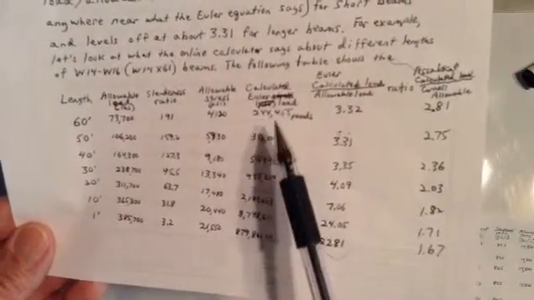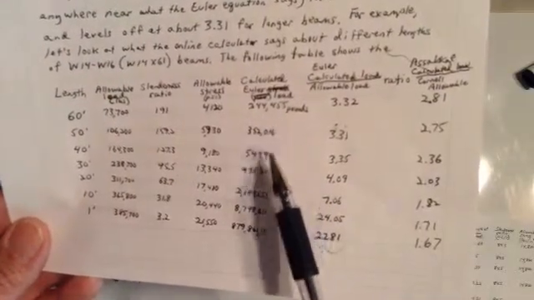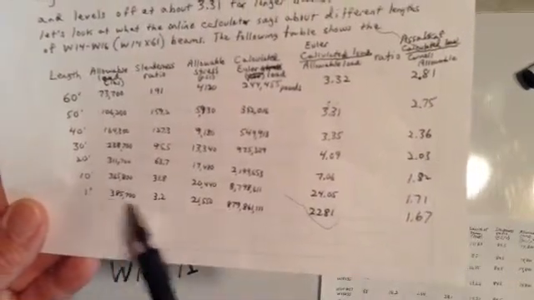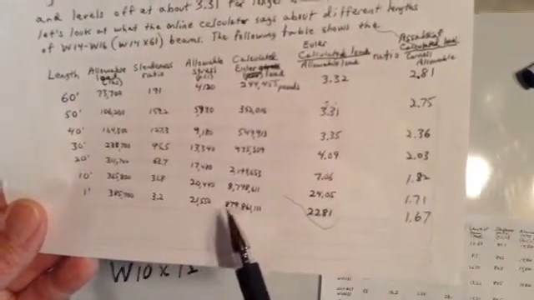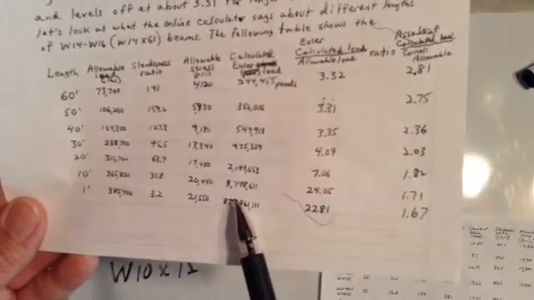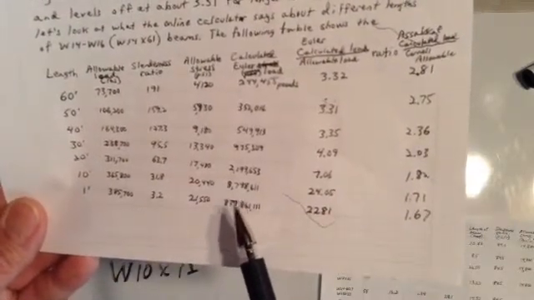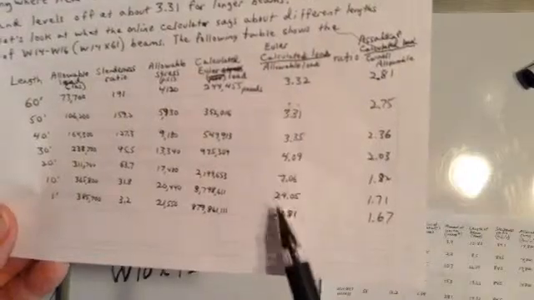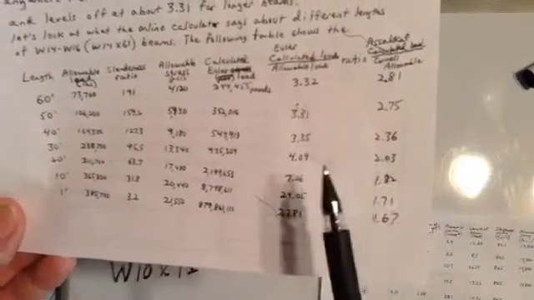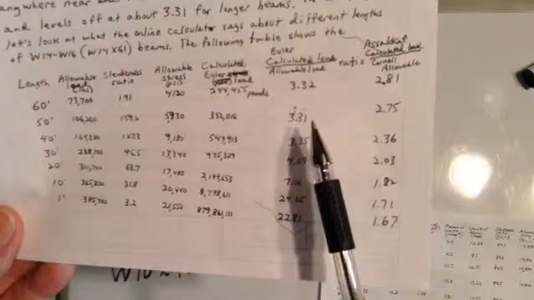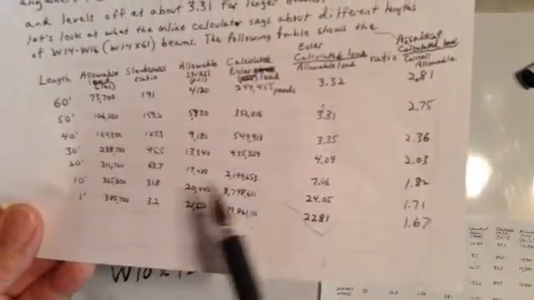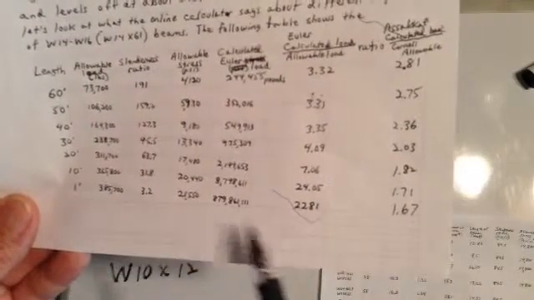And these are the Euler calculated loads, which obviously are astronomical when you get real short. They exceed the compressive stress limit of the material when you plug in numbers for a short column. So this is a ratio. This is what I figured out. This is what you get when you calculate the Euler load and divide it by the allowable load here.